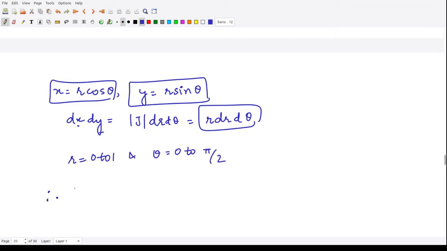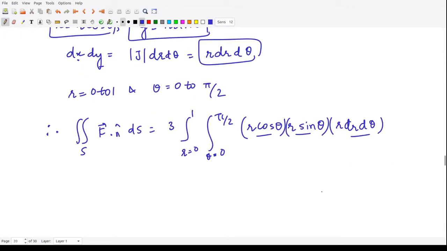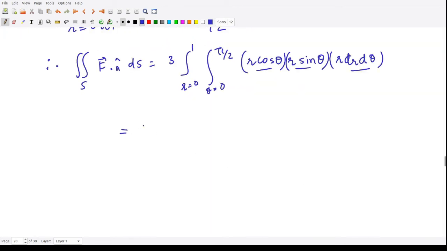Therefore your surface integral of f dot n cap dS is now equal to 3 times the integral with r varying from 0 to 1 and theta varying from 0 to pi by 2 of r cos theta, r sin theta, into r dr d theta, right? So the value of x, the value of y, and the value of dx dy. Here we'll first perform the integration with respect to theta.